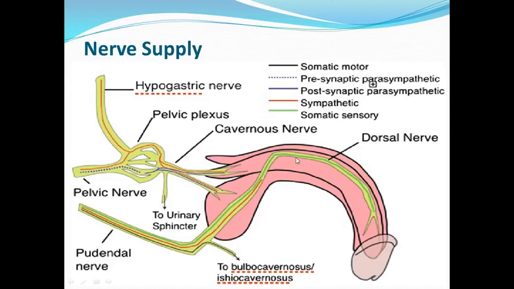In physiology, when you study the reproductive system, you will learn about the mechanism of erection of the penis, which is under nervous control, as well as the amount of blood flowing within the penis leading to the erection.